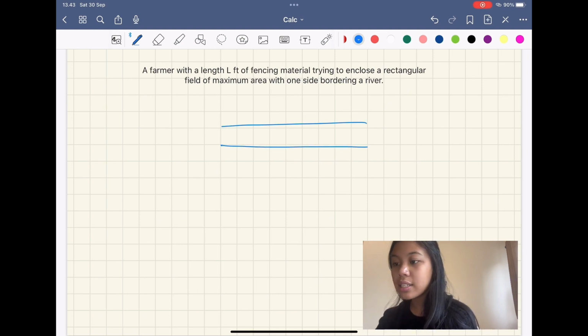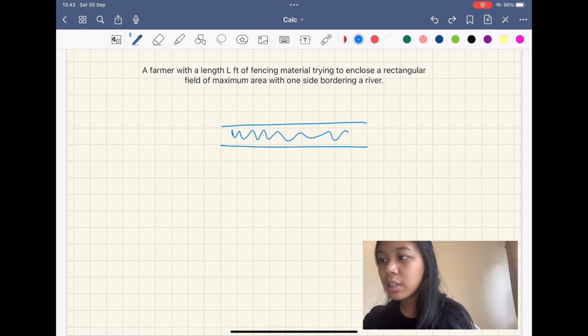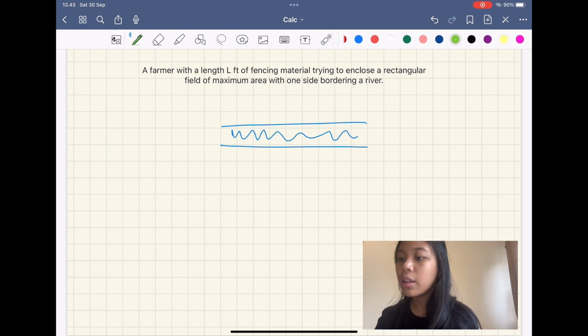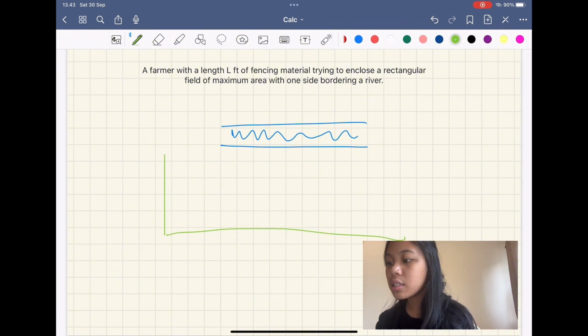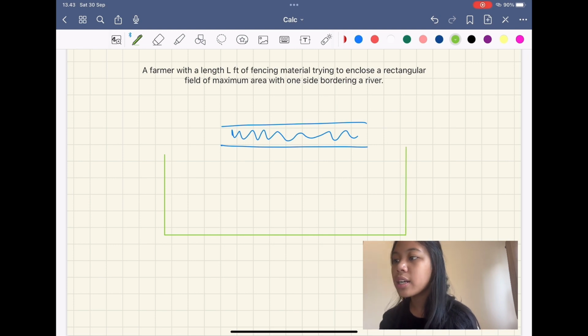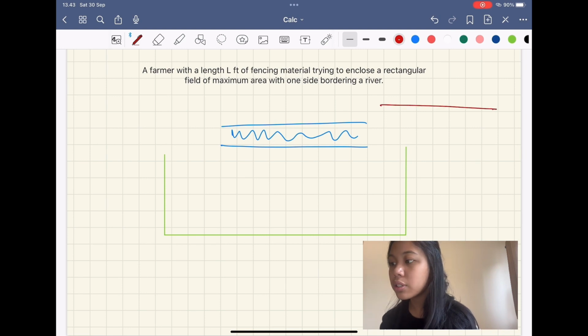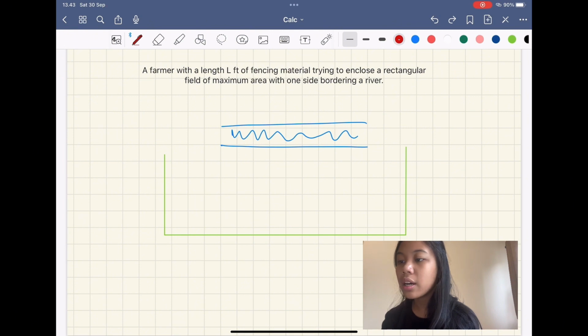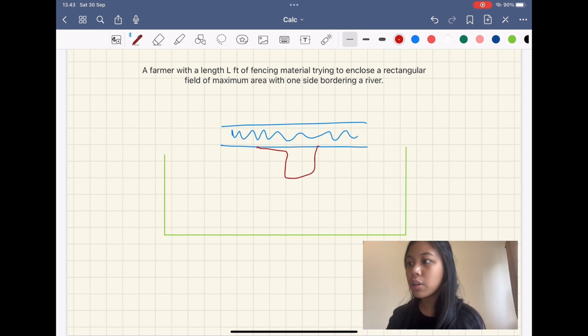So let's say this is the river, and all of this is the field. He only has L length of fencing material, so this is L. Let's just say L could go like this, or L could go like this, but that's just a waste of material.